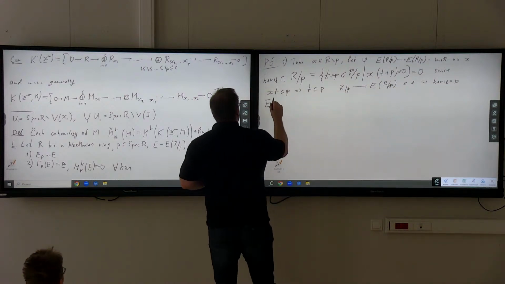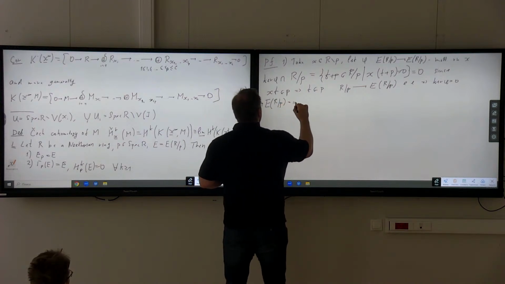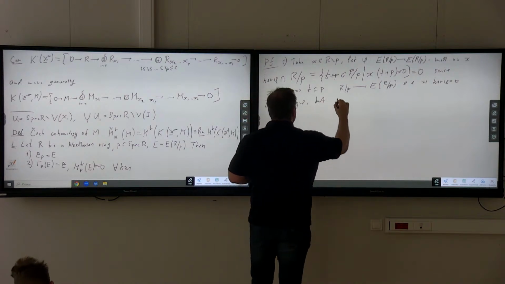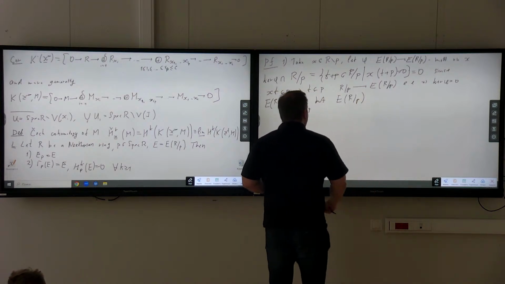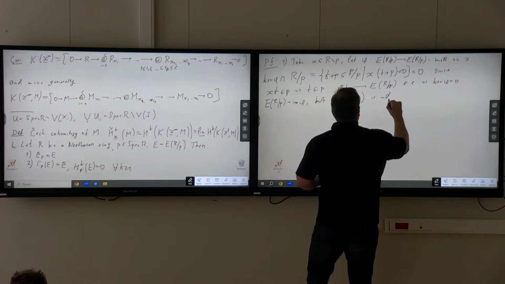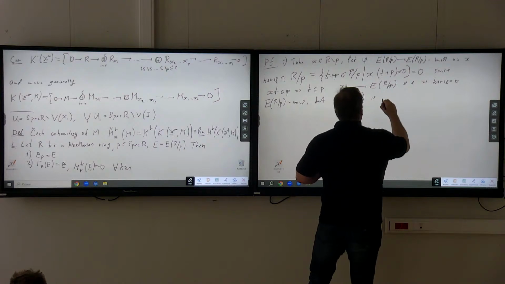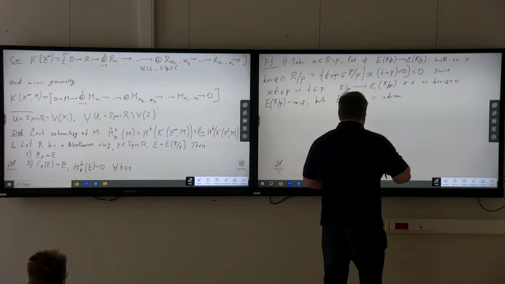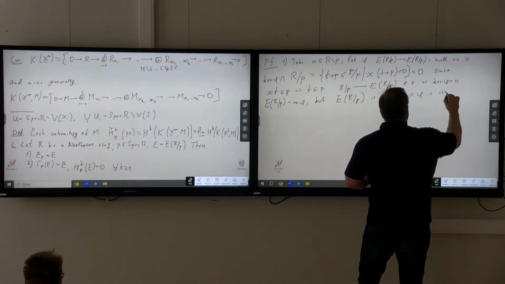Hence the injective hull of R/P coincides with the image of phi, and noticing that the injective hull of R/P is indecomposable, we conclude that phi is an isomorphism.